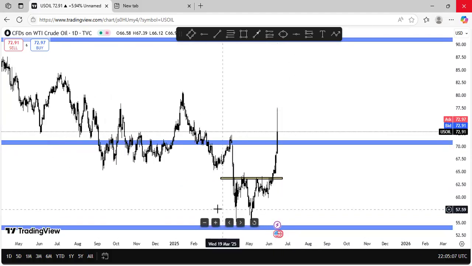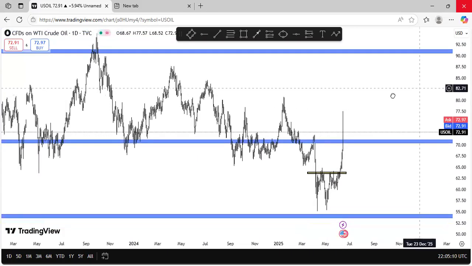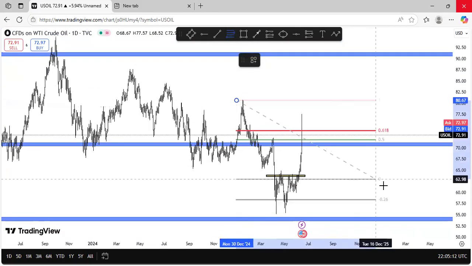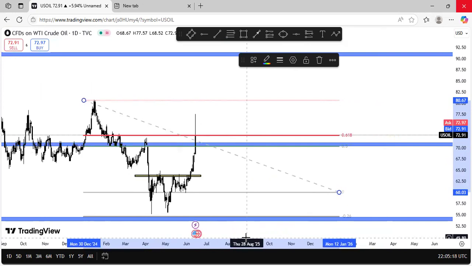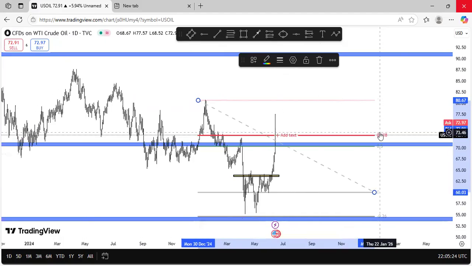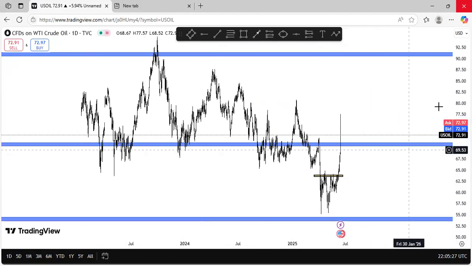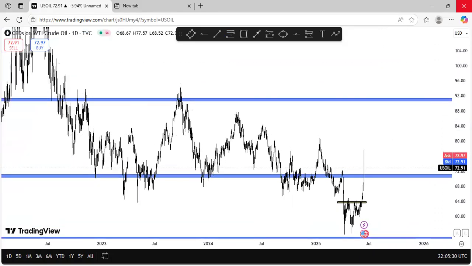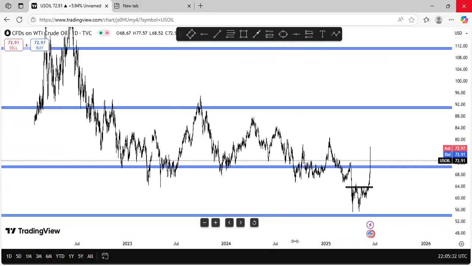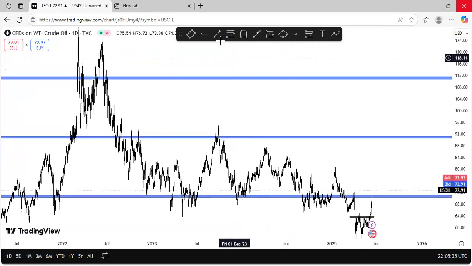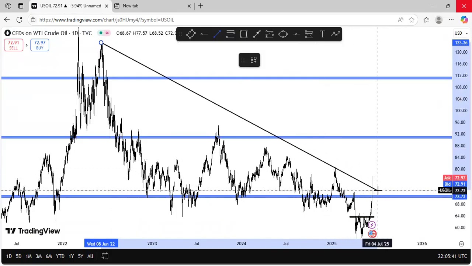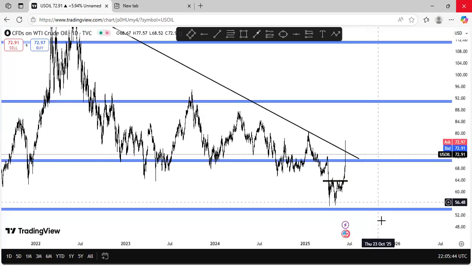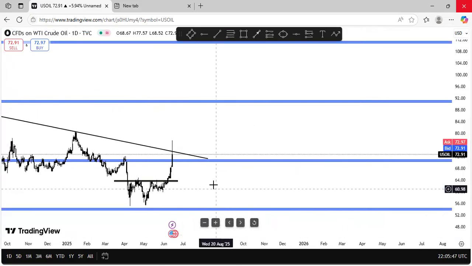If I do use my Fibonacci, all right, so this is my 56 level, and we're still kind of in the middle of everything when it comes to US oil. Besides that, the whole tensions in the Middle East are making things quite crazy. But that won't stop us from trading, not at all. Even though I don't support the whole fighting, it doesn't stop us from trading. We traders are here to make money, of course.